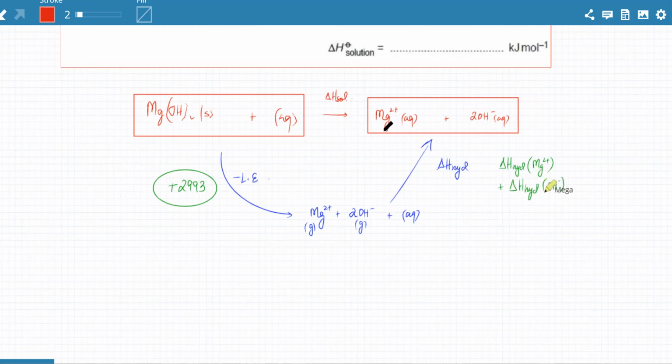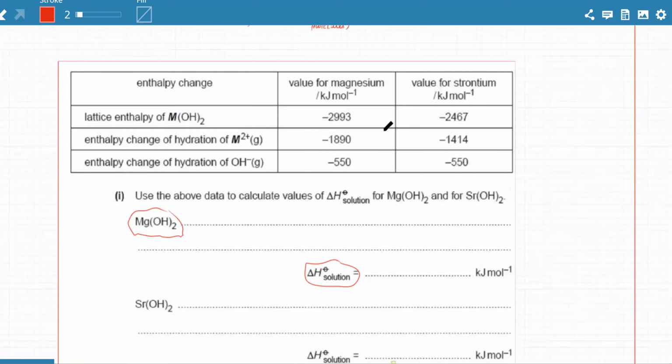Now if I put in the values, my enthalpy of solution is going to be equal to the negative of lattice energy, which in this case would become plus 2,993, plus the enthalpy change of hydration, which again, if you look for Mg2 plus, it's minus 1890. Okay, so that's given as minus 1890.